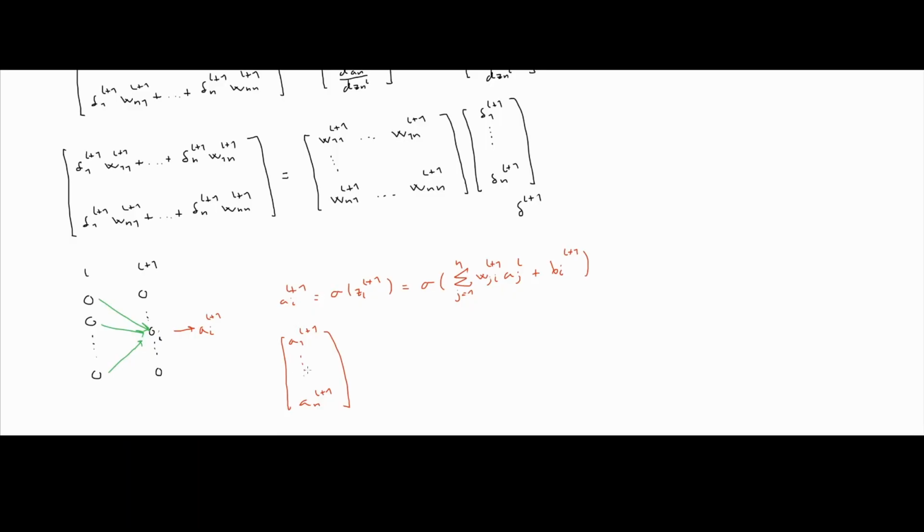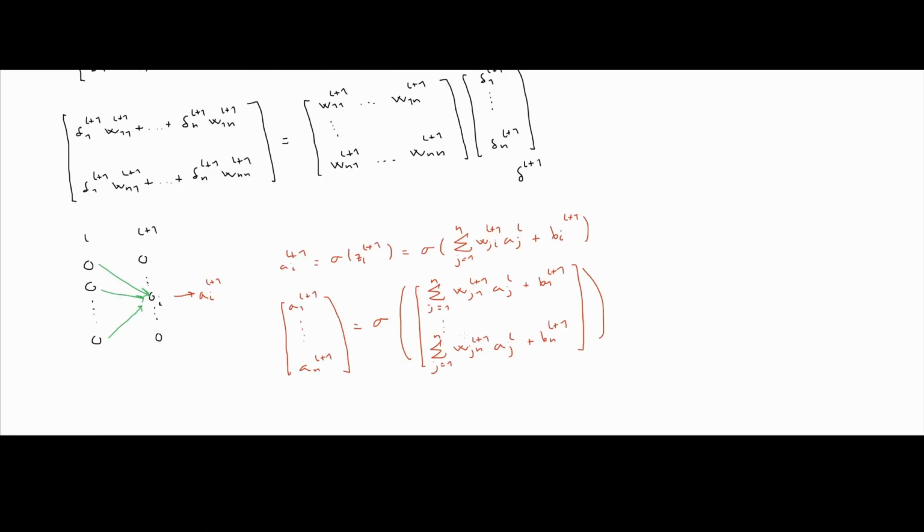And this vector represents the activations, that is the output from layer L plus 1. And writing this vector out in terms of the weighted input, we get that this is equal to the activation function applied to the following vector. Now this vector can be further broken down into the following matrix vector product.